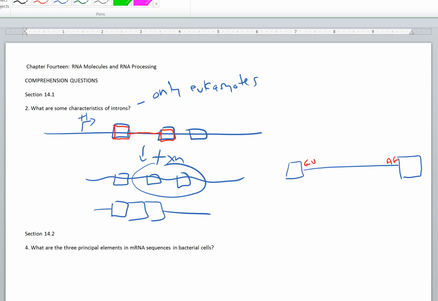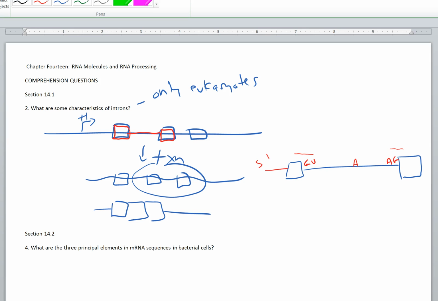And so there are sequences that are part of the intron that define it as an intron. Now there are some other sequences in the exon that overlap here that also help the cell know that's an intron. But what's always the case is that there's a GU at the 5' end.